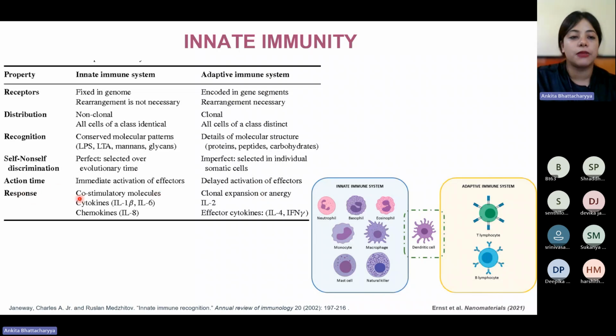The response is mediated for the innate immune system by co-stimulatory molecules, cytokines, and chemokines. These definitions have already been elaborated in the lectures themselves: cytokines are molecules that mediate cell-cell communication. Chemokines are a subclass of cytokines, more specifically serving as chemoattractants.